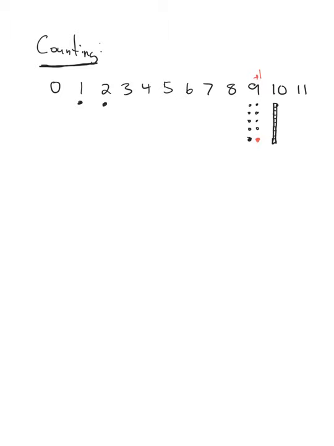So this place here tells me how many ones I have. In the number 10, I have 0 ones. And then the next place over is, of course, the tens place. It tells me how many tens I have. The number 11, well, if I look at this with the same idea, I have 1 one and 1 ten.